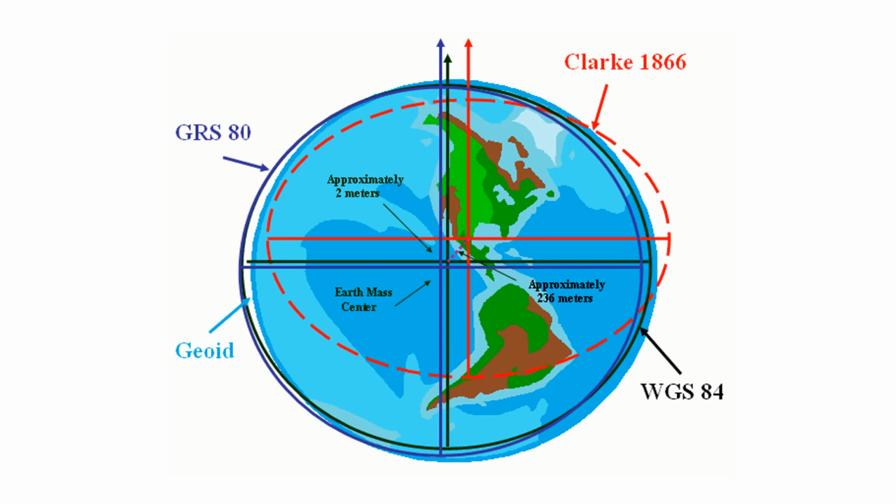It would be really, really off in a lot of other places. Whereas the GRS 80 and the WGS 84 ellipsoids are much, much closer to the geoid in general, and they are designed for global projection systems.